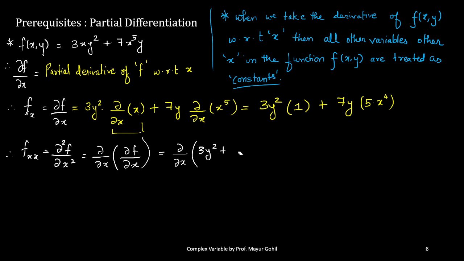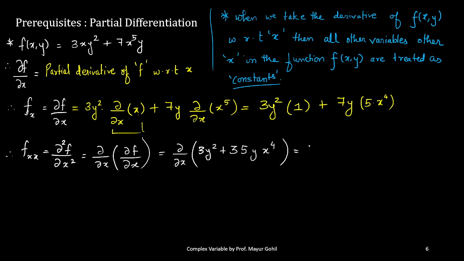So 7 into 5 is 35, and here I'll get 35y x raised to 4. This is the answer. Now when I am going to take the derivative here, see what happens.